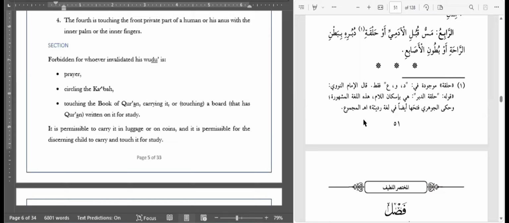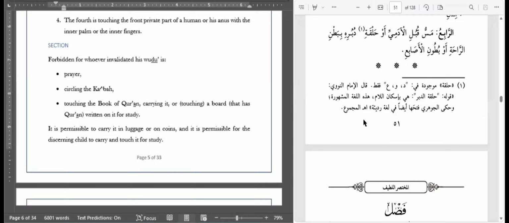Here, this one is where touching the same gender will break the wudu. When it comes to touching the private parts, this is where touching the same gender will break the wudu. And touching your own self will break the wudu.